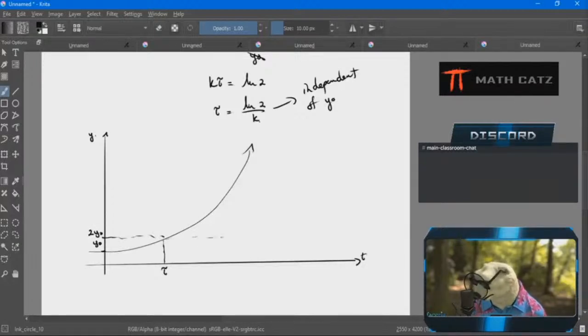It's going to take the exact same length of time to double what it was previously, so 4 times. It's going to take the exact length of time, which I can't see here, to double what it was. Every time period of tau, tau, tau, tau, the population doubles every time, and it grows faster and faster and faster.